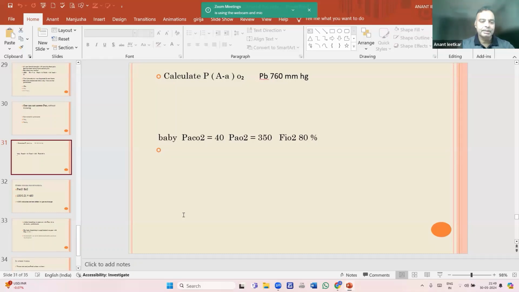So 713, that is the barometric pressure, into 0.8 of FiO2, so this is 570, minus 1.2 into PaCO2 of 40, that is 48, and minus PaO2 of 350. So in this case, AADO2 is 172, which is a very high AADO2. This is a bad prognosis.